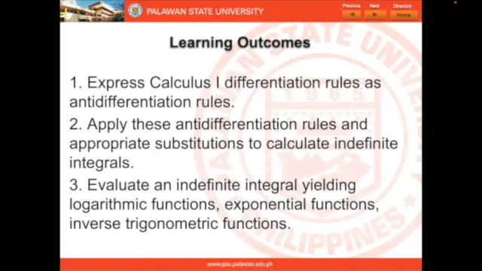So we are more concerned with techniques to evaluate the indefinite integral, as well as familiarizing with the different patterns of the equations of the theorems that we will be applying. So without further ado, let's start.